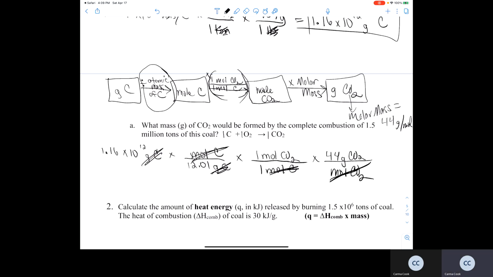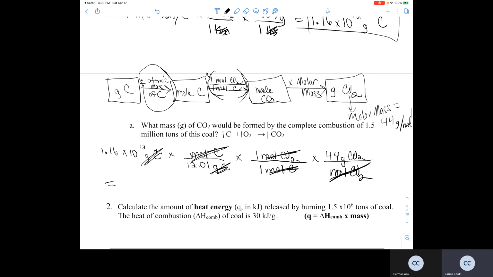The moles of CO2 cancel. So do your math: 1.16 times 10 to the 12th times 1 times 44. Get that product and then divide by 12.01. That will give you 4.25 times 10 to the 12th grams of CO2.